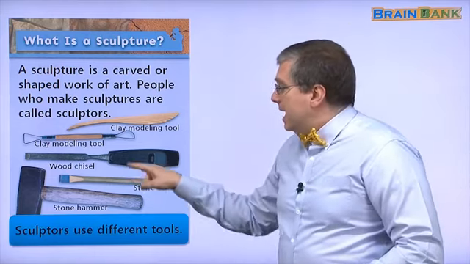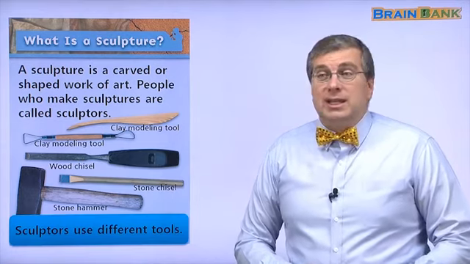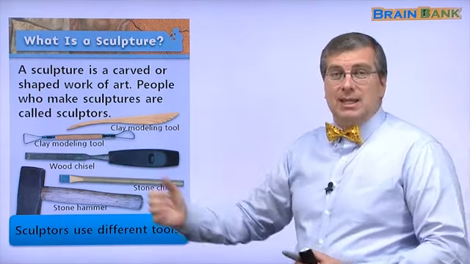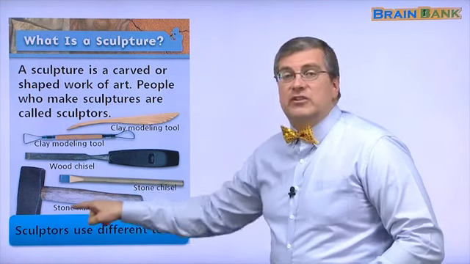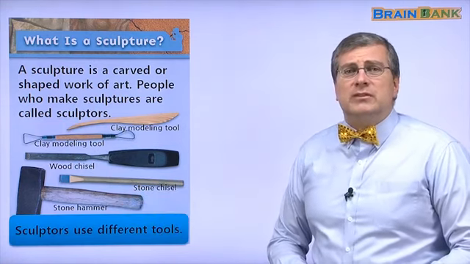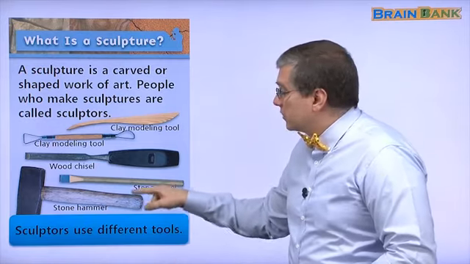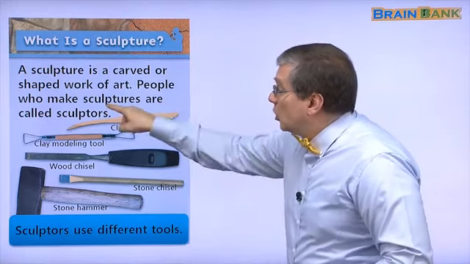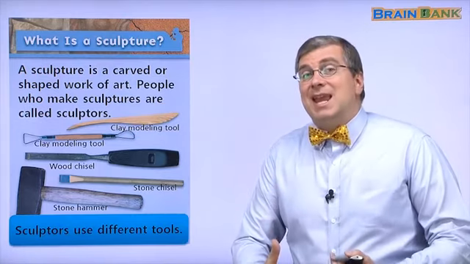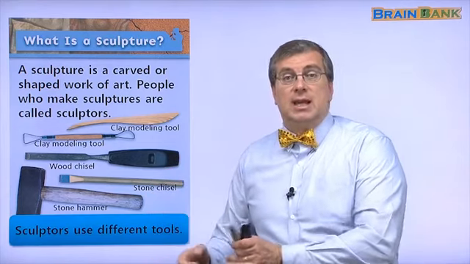In the middle one, it says wood. Wood is from a tree, namu, right? The bottom two, it says stone. Stone is dul, very, very strong. So we can see that sculptures are made of different materials.